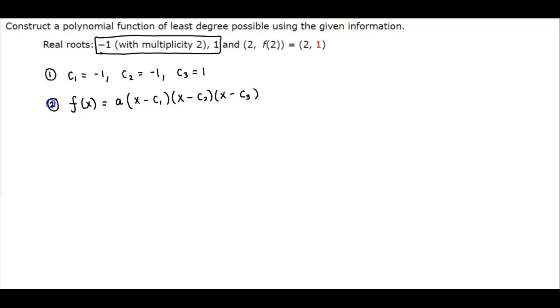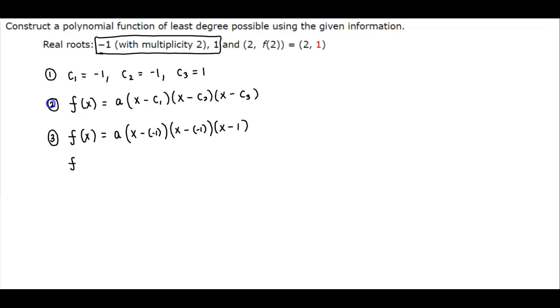Now we're going to rewrite this, plugging in the values of c from step 1. So f of x equals a times (x minus -1) times (x minus -1) times (x minus 1).